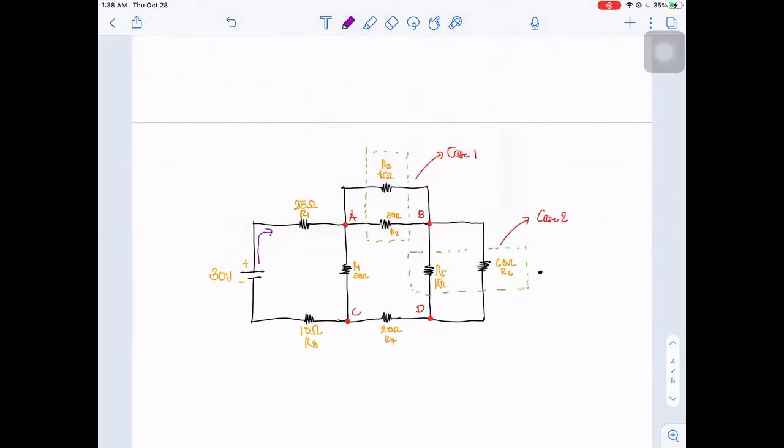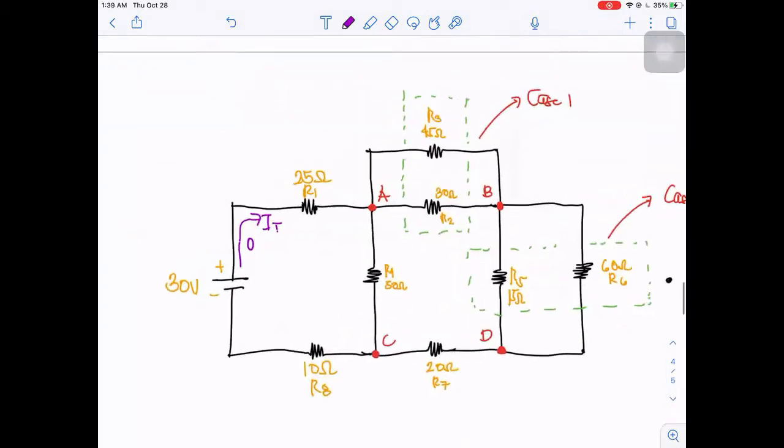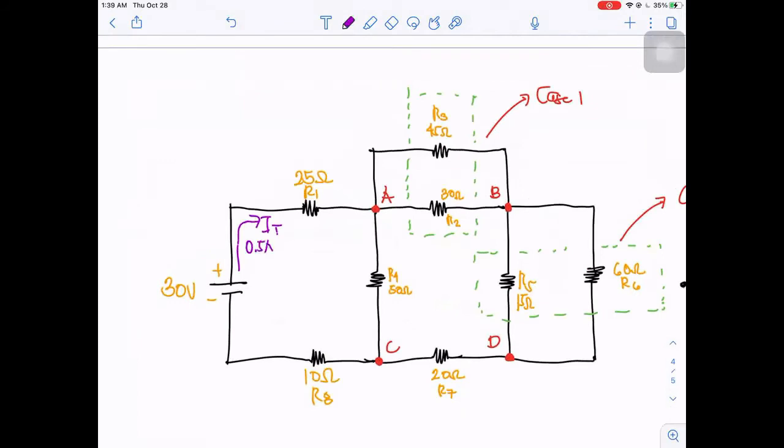Let's say this is the IT, which is equivalent to 0.5 ampere. And we have current here, and that is I1 across R1. Also, this is equivalent to 0.5 ampere. We have our current here, that is our I4, and that is equivalent to 0.25 ampere.